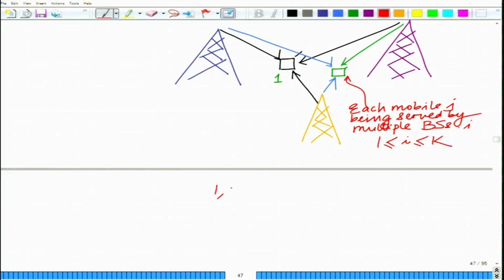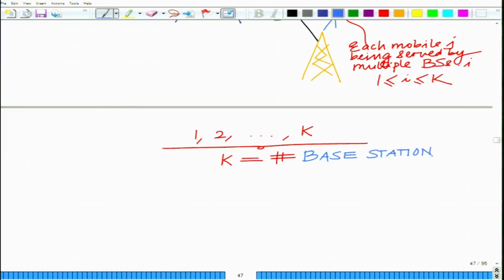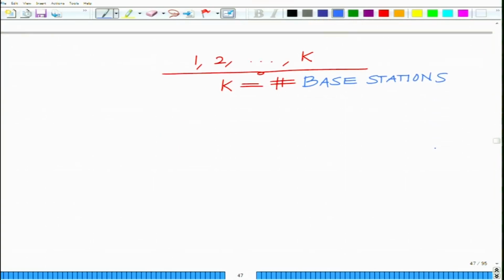So, we have base stations 1, 2 up to K, base station 1, base station 2. So, K equals the number of base stations. Okay. And we have M total users, that is 1, 2 up to M, these are the number of users.